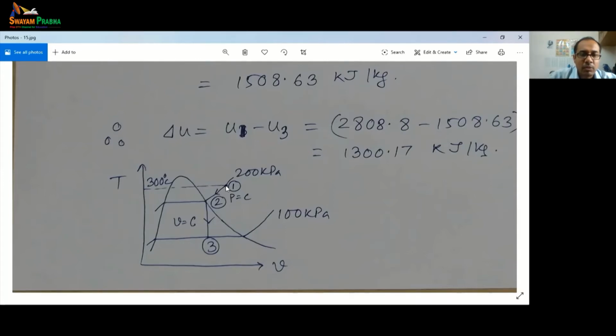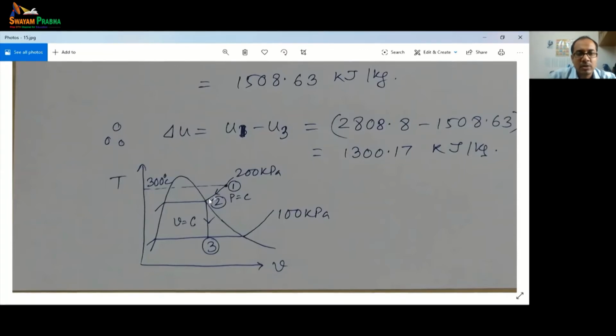Now 1 to 2 is a constant pressure process because the piston comes down until it hits the stops. So 1 to 2 follows a constant pressure line. Here you see the constant pressure line corresponding to 200 kPa. It follows it up to 2, where it hits the saturation dome. So that's the saturated vapor state, point 2, that's given.